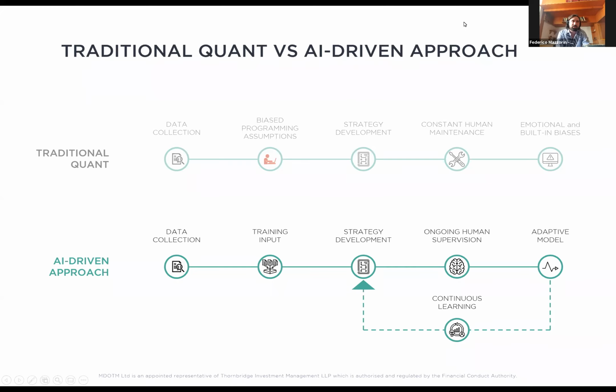Another example could be, let's say you want to predict the volatility of a stock. A quant approach is, for example, the GARCH model, in which you have the past returns, you have a utility function, you fit it, and then you have a prediction of the volatility. But in doing this, you made a lot of different assumptions.